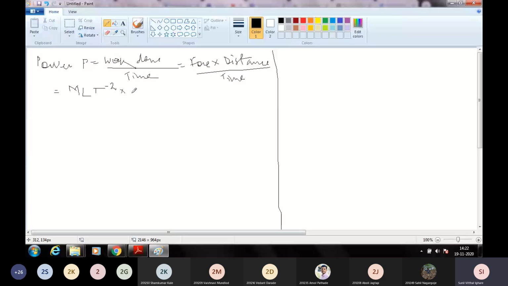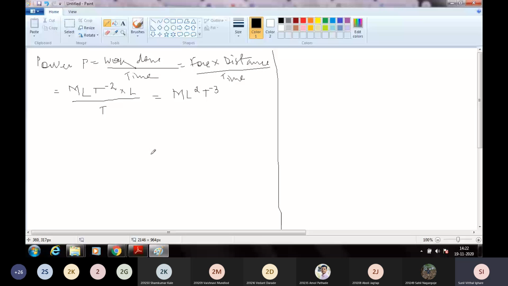Don't remember the formulas directly. It is quite difficult to keep that in the mind. Time, we just write it as capital T. If you simplify this, can I write M into L square and T raised to minus 3?